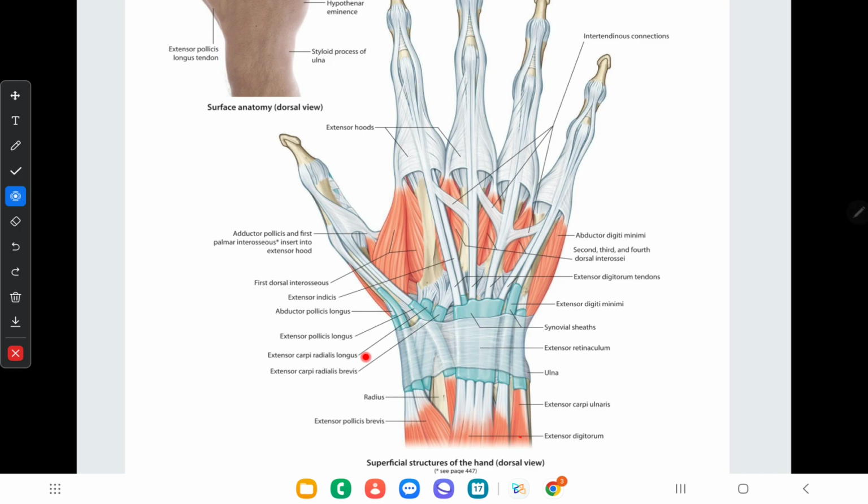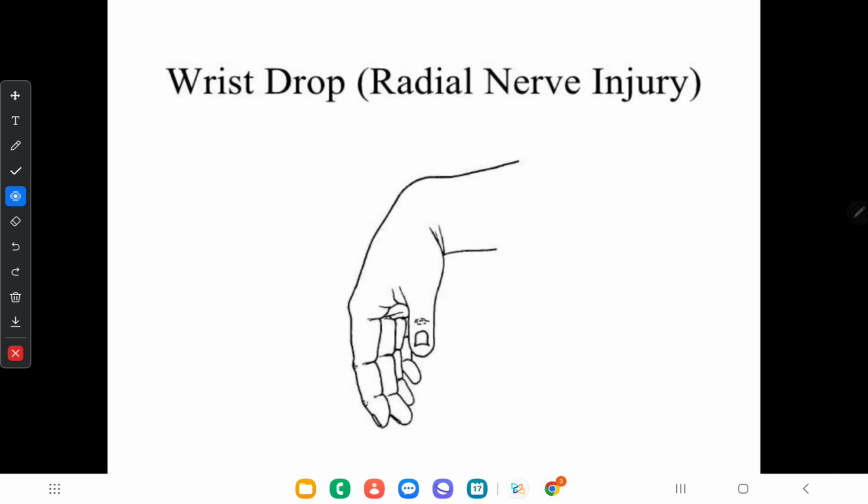Those are the main important things you have to learn when a radial nerve lesion occurs. You have to remember at which levels radial nerve damage occurs. You can see wrist drop. This is the wrist drop.